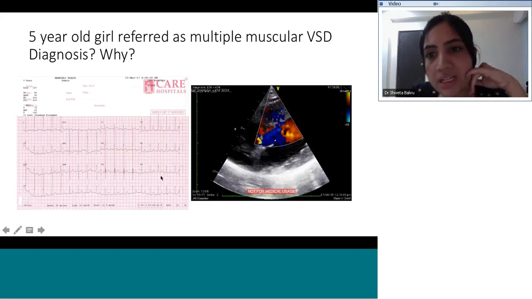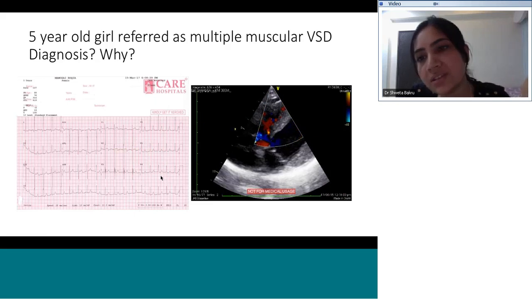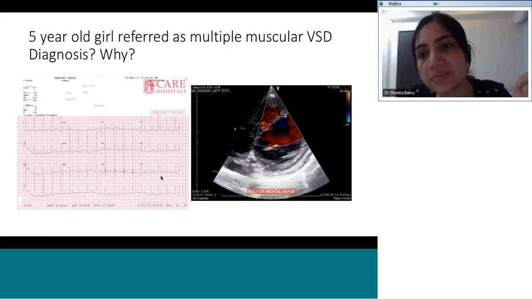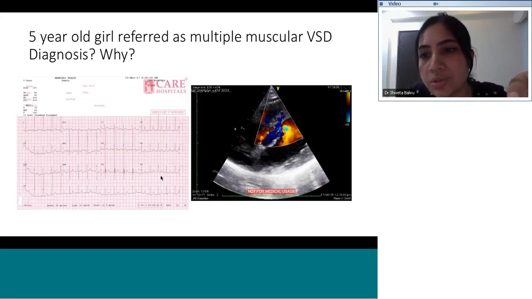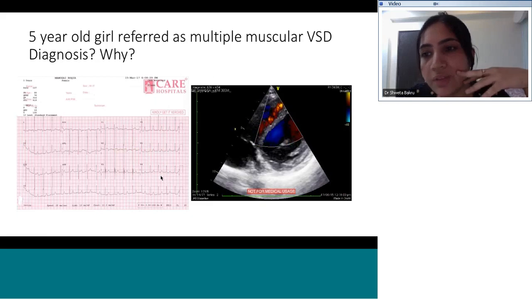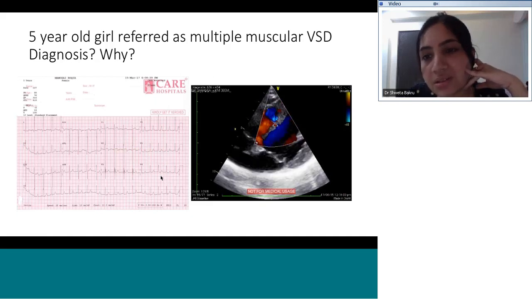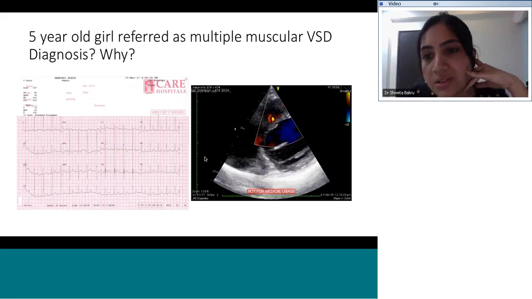Okay. What else? Is it concordant with the VSD? Is it going with the VSD? Since Amitos says no, it is not going with the VSD. But I said that there are multiple muscular VSDs, so that's why there are LV voltages.